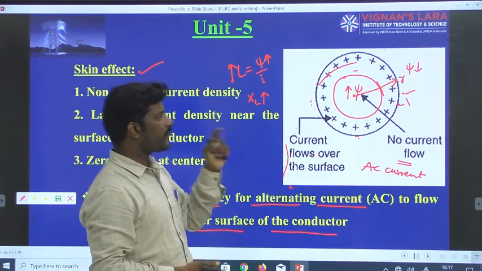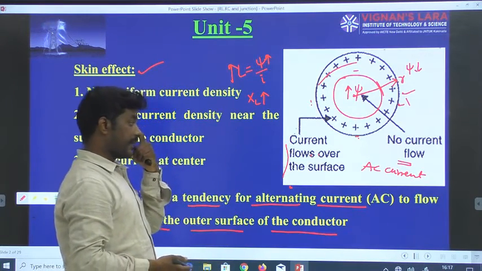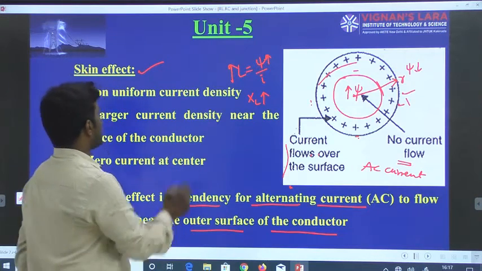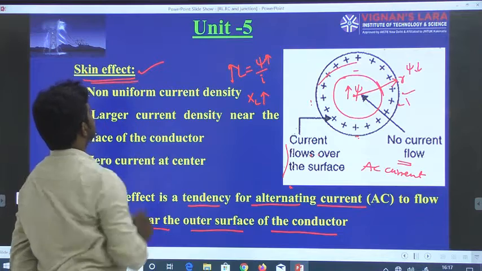This tendency of non-uniform distribution of the current is technically called skin effect.